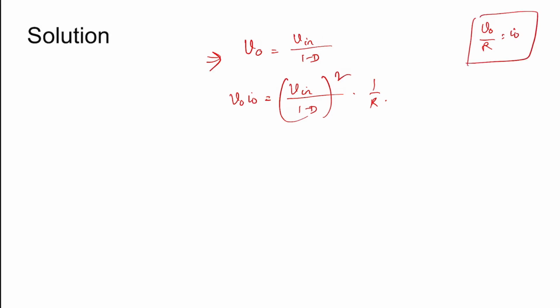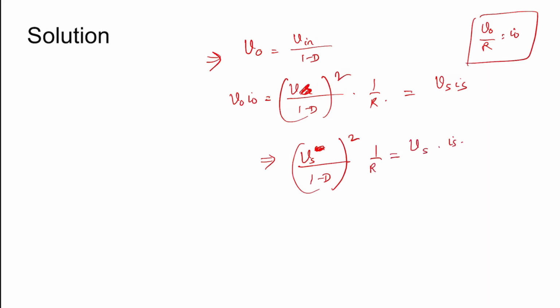From there V naught square by R is Vin by 1 minus D whole square and by R, which is equal to Vs into Is. So Vin means Vs. Now Vs square by 1 minus D whole square into 1 by R equal to Vs into Is, which implies that Vs by 1 minus D whole square into 1 by R equal to Is.